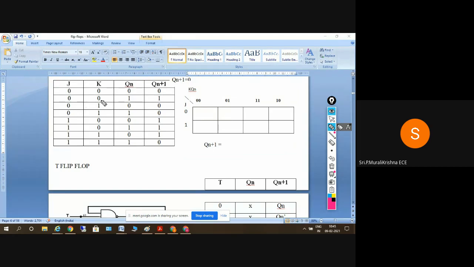So this is 0, 0, 1, it's a 1. 1, 0, 0, it's a 1. So 1, 0, 1, it's a 1. And 1, 1, 0, it's a 1.